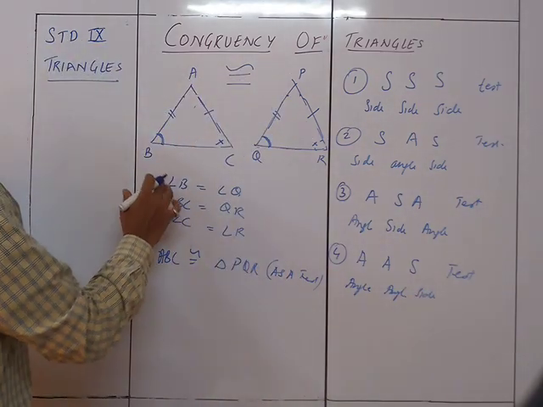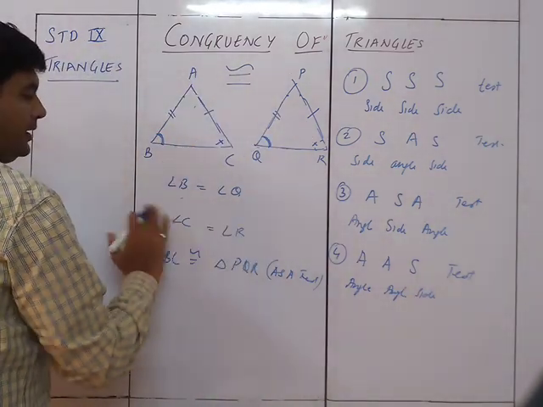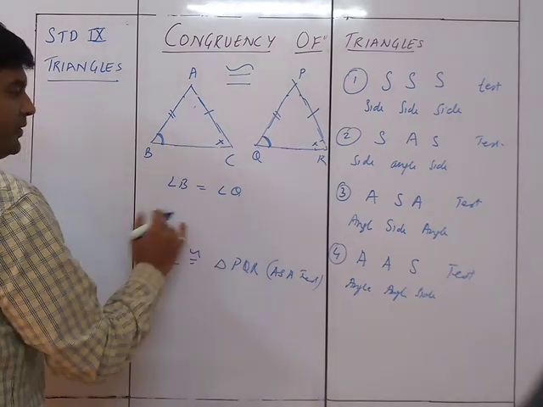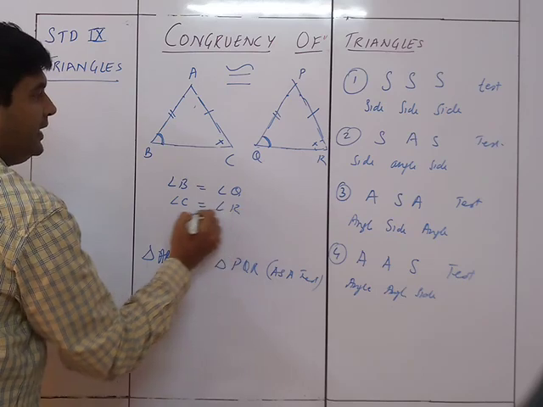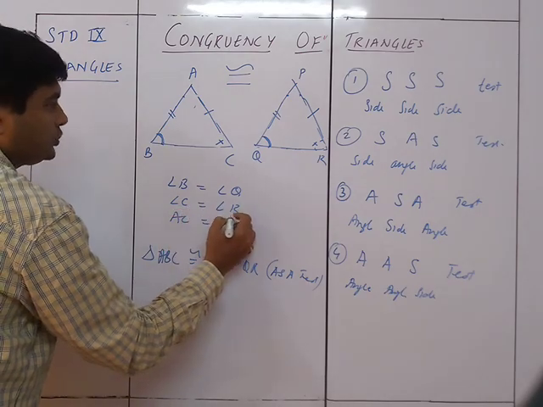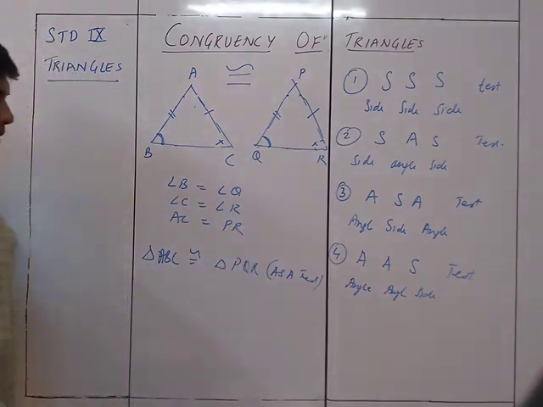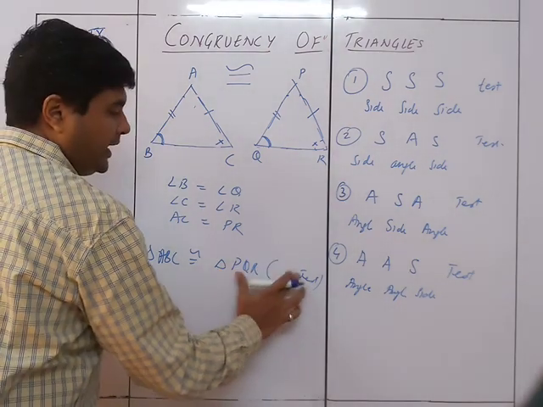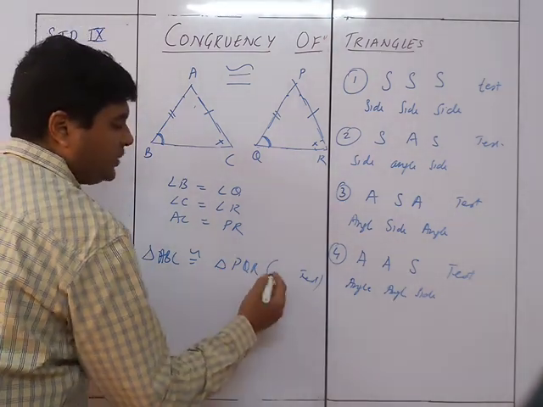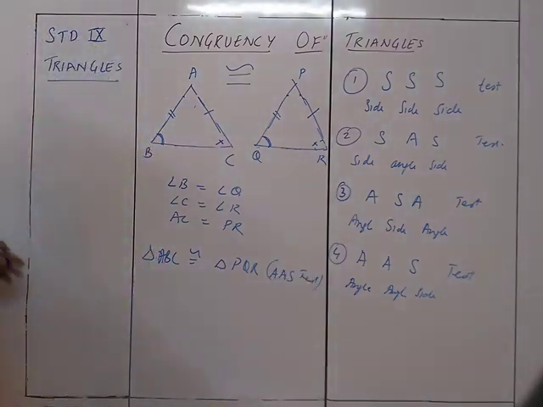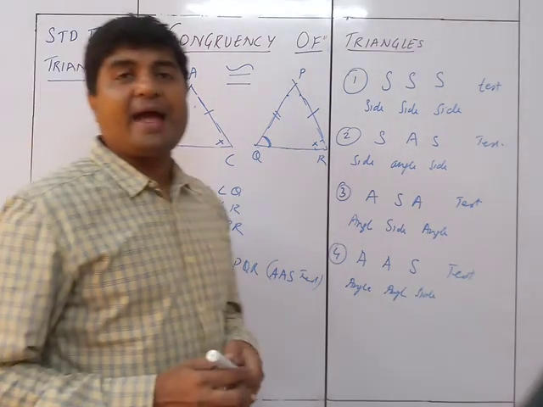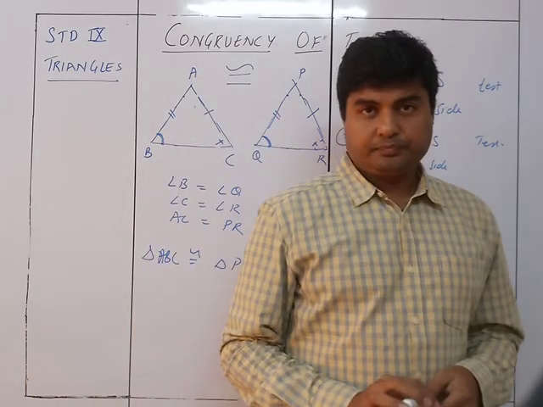So it could be that angle B is equal to angle Q, angle C is equal to angle R, and AC is equal to PR. Then ABC will be congruent to PQR by the AAS test.